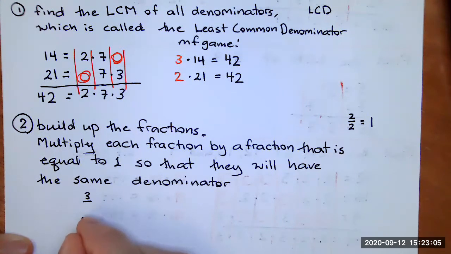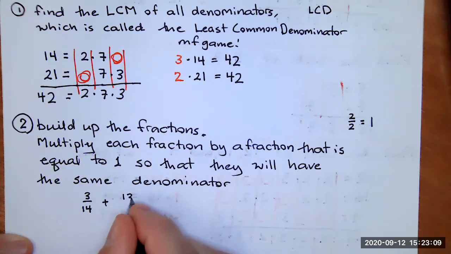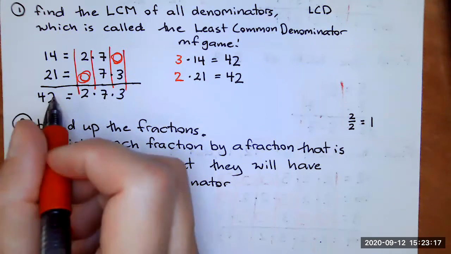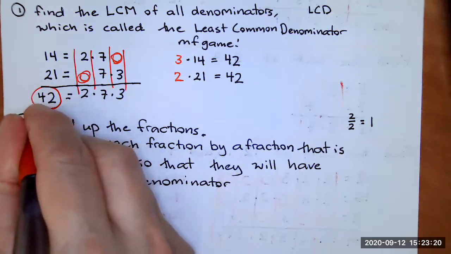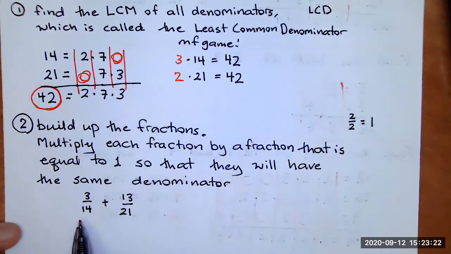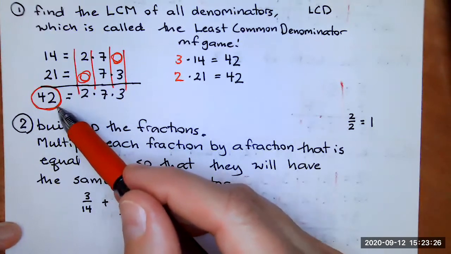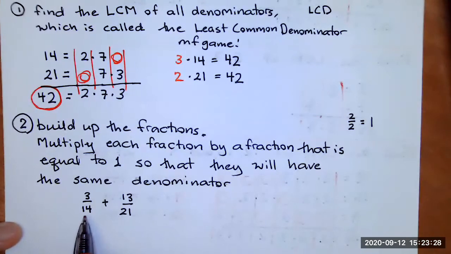So I'm just going to write down our original problem. They have different denominators. We want them to have the same denominator, and that new denominator is going to be the least common denominator, which is the least common multiple of all the denominators.